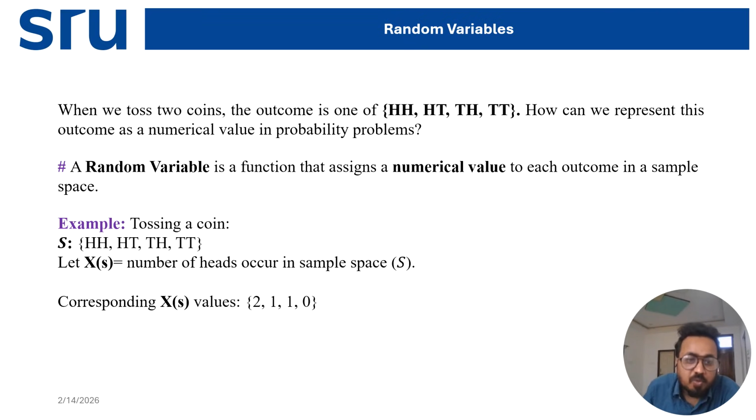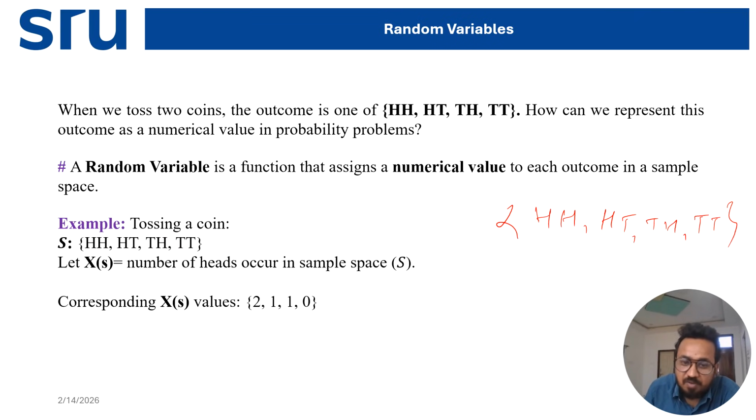If you toss two coins simultaneously, then the total possible outcomes are what? Head head, head tail, tail head, tail tail, right? Then we can see that these outcomes are non-numerical in nature.